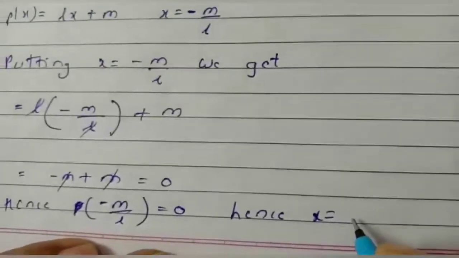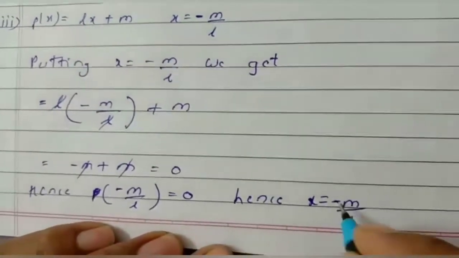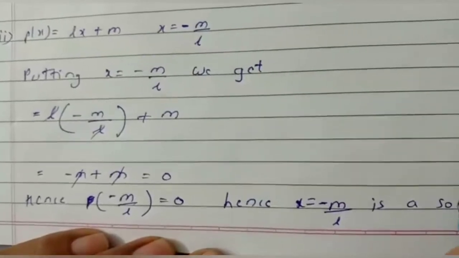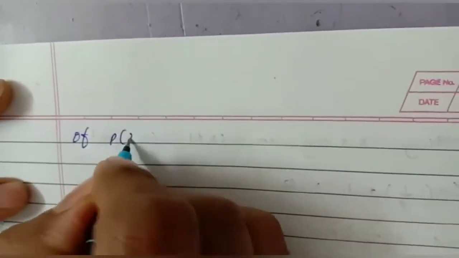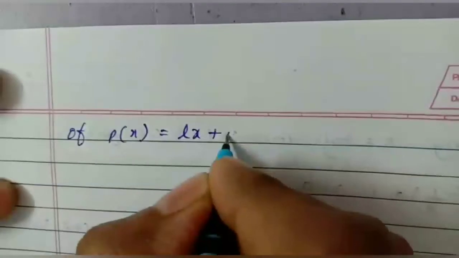Hence x equal to minus m by L is a solution of Px equal to Lx plus m.